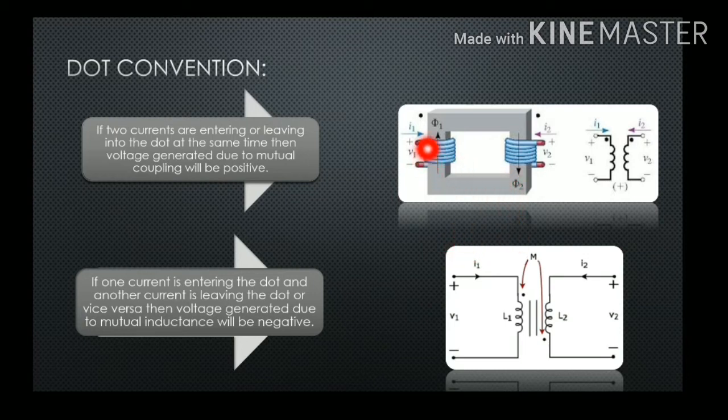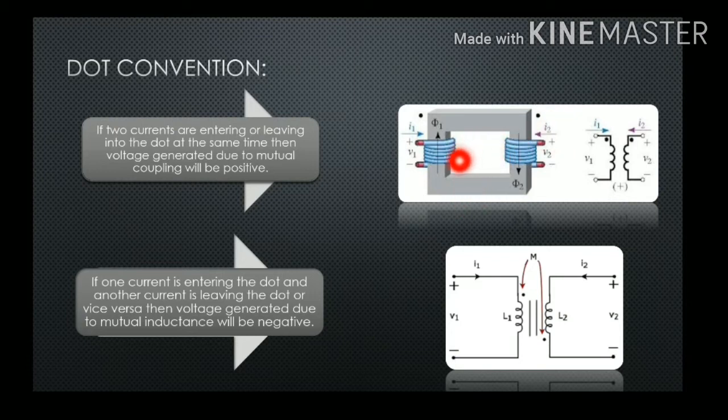In this image you can see that the dots are on the same side, so that in the primary coil the current enters at the same time as in the secondary coil, so that the flux induced due to the primary coil will be upward, and in this case the flux induced will be in the downward direction, so that the flux gets added up, so that the voltage induced due to the mutual inductance will be positive.